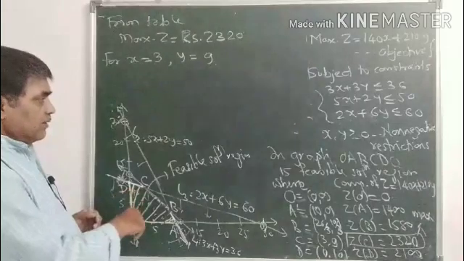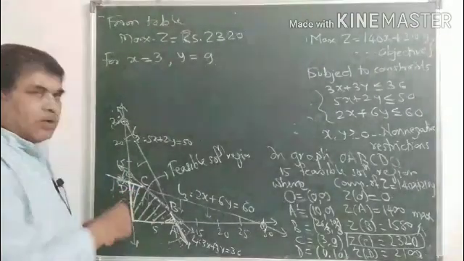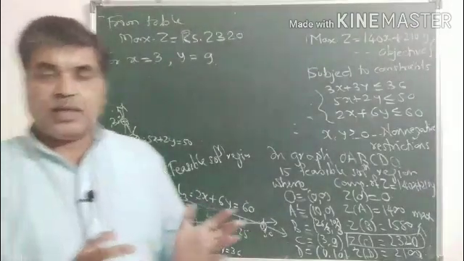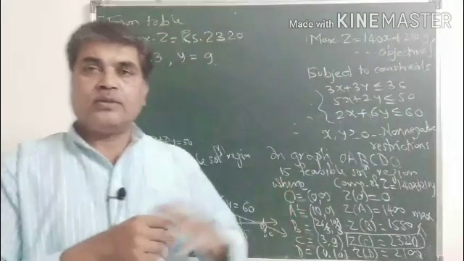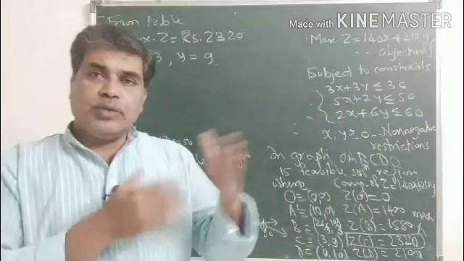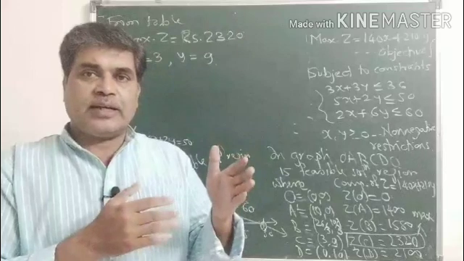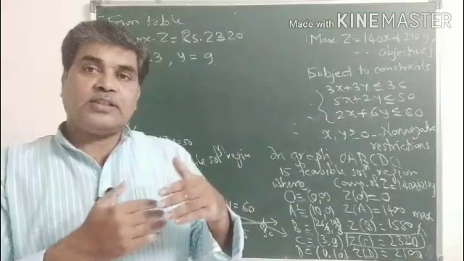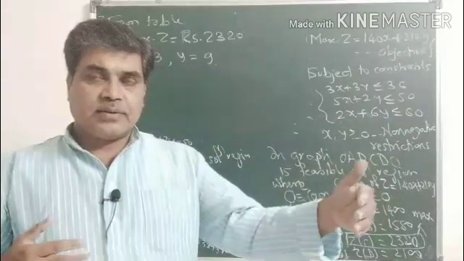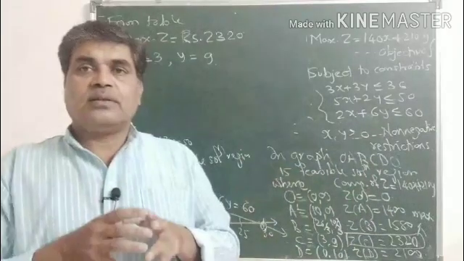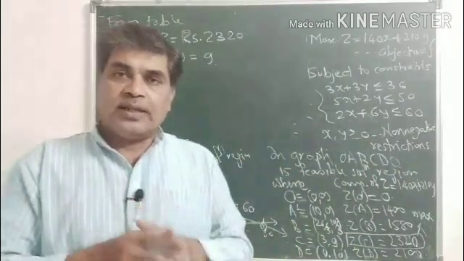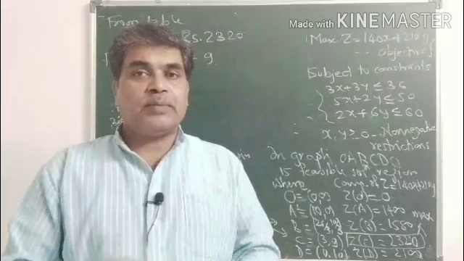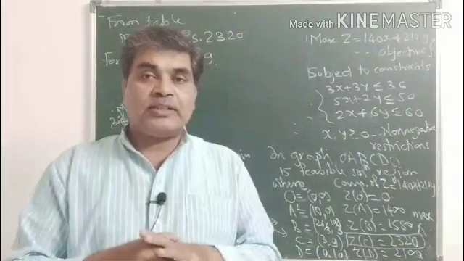It may happen that the given problem has no solution. I have just explained while solving the example. If I get two inequalities in such a way that their solution regions lie on opposite sides and don't intersect in the first quadrant, then that linear programming problem has no feasible solution region.